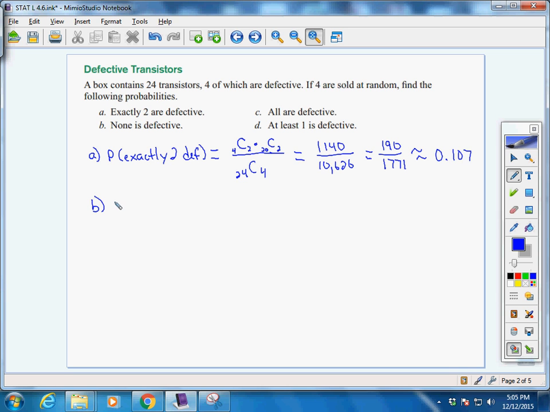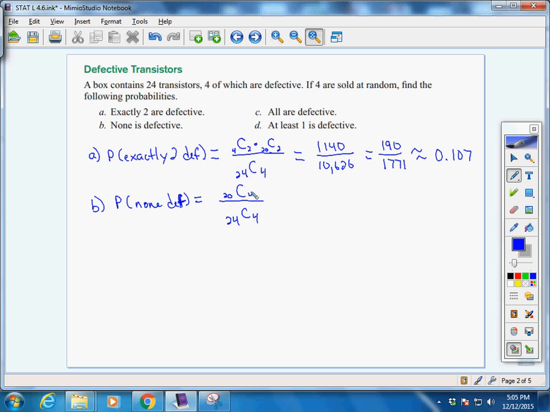Let's look at part B. We want the probability that none are defective. Again, we have 24 choices and we're choosing 4 of those. If we want none to be defective, well, 4 are, so there's 20 that are not.